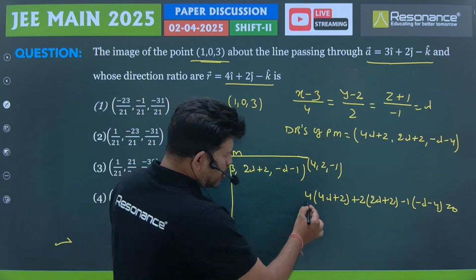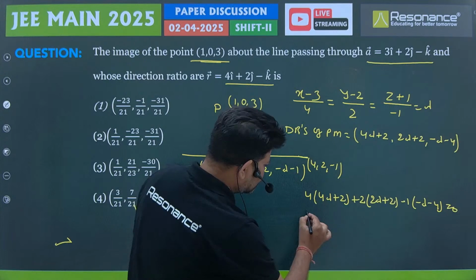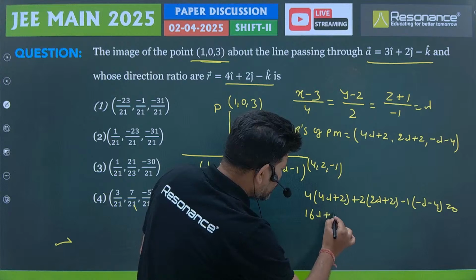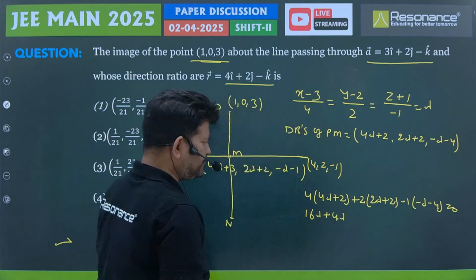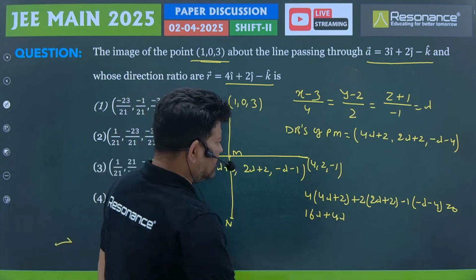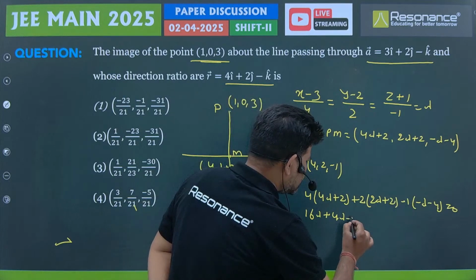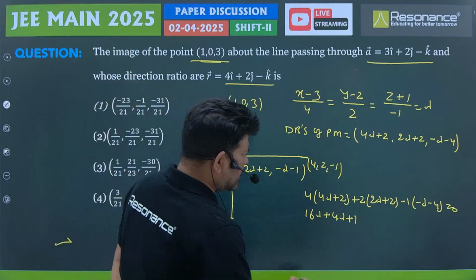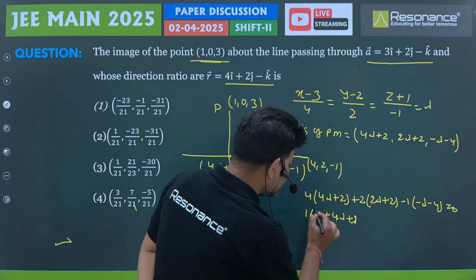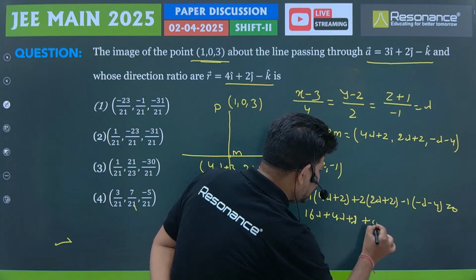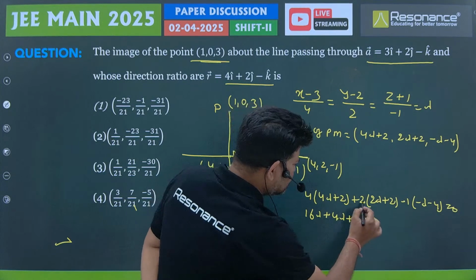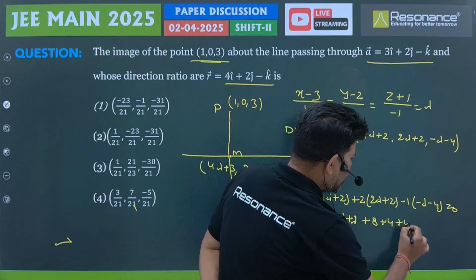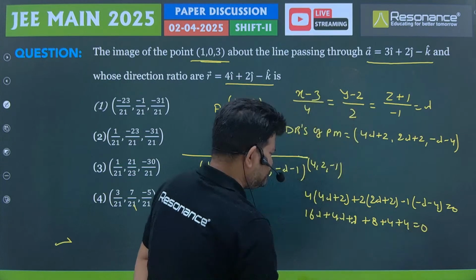So how can we find the lambda value? You can see 16 lambda, plus 4 lambda, and this one becomes plus, so plus 1 lambda, plus 8, plus 4, and again plus 4, is equal to 0.